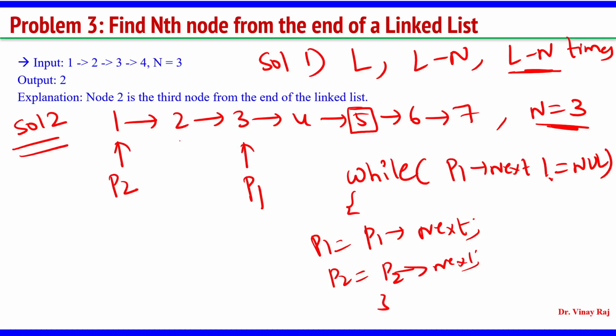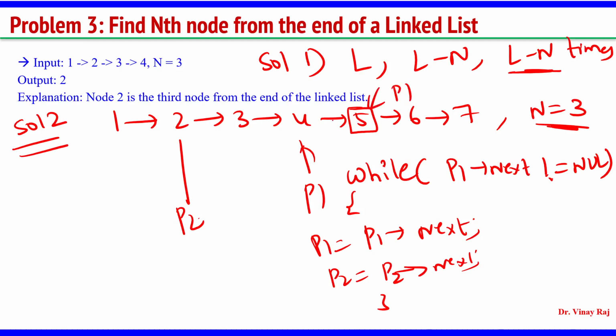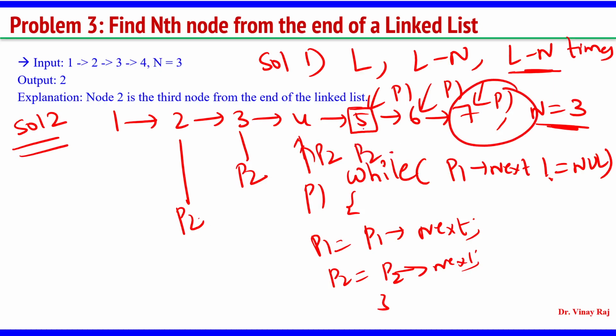So P2 will come here and P1 will come here after one iteration. Next, again repeat the same process. P1 will come here, P2 will come here, and so on. See, P1 has reached the end. Where is your P2? At 5.